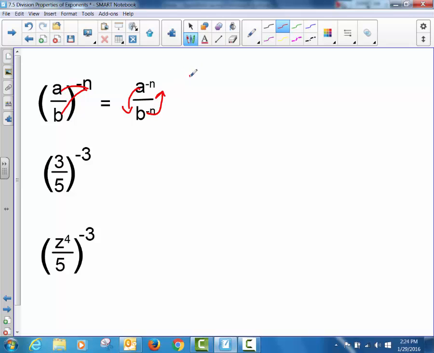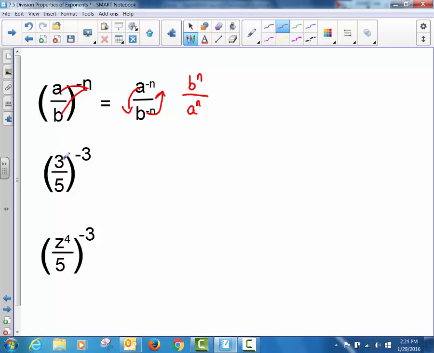So it's going to be b to the n over a to the n. Now, look what happened. We had a over b to the negative n, and we ended up flipping the a over b to b over a, and the exponent became positive. So, whenever you have a negative exponent, you flip the fraction and make the exponent positive.